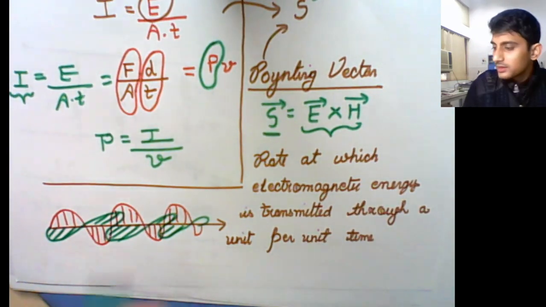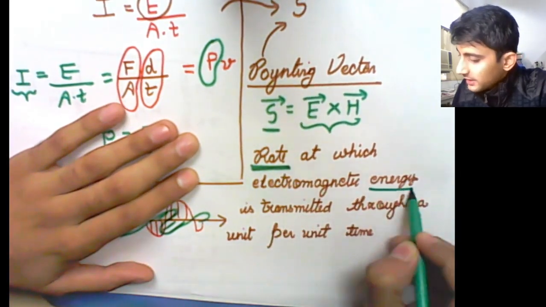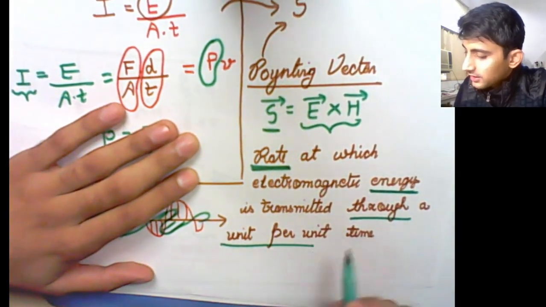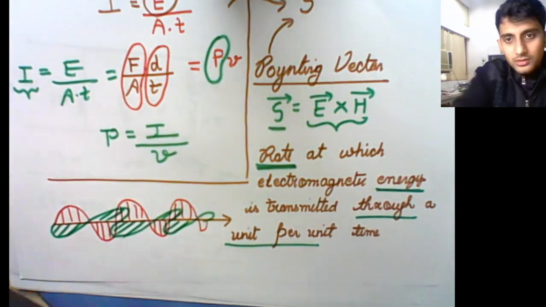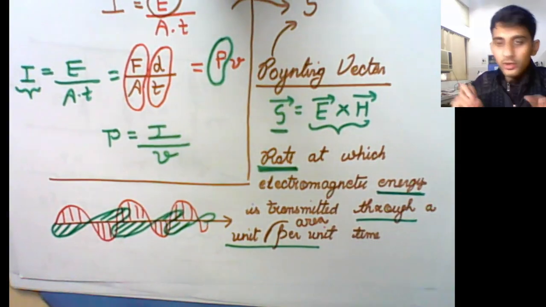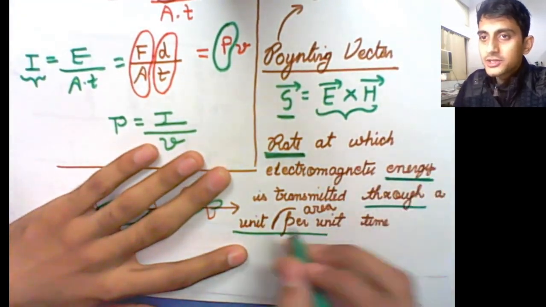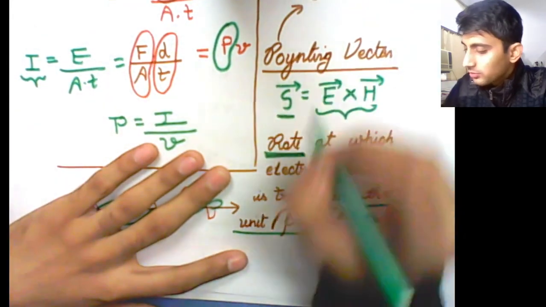And this quantity, the rate of flow of energy through unit area, unit area is important, this rate of flow of energy per unit area per unit time is called the Poynting vector.